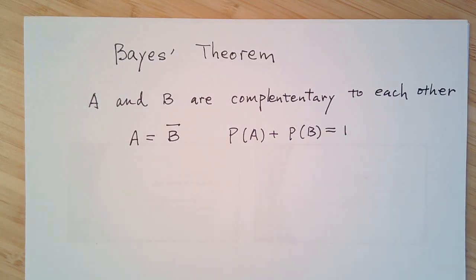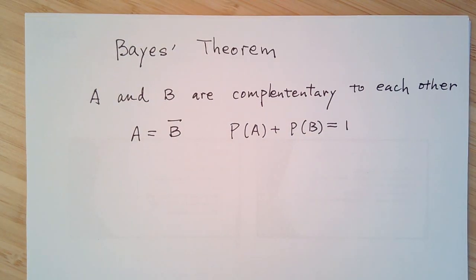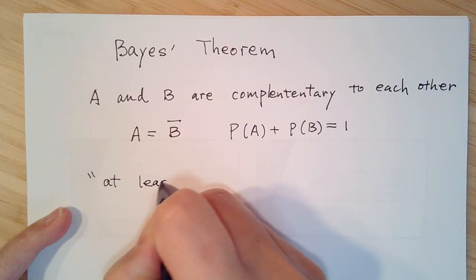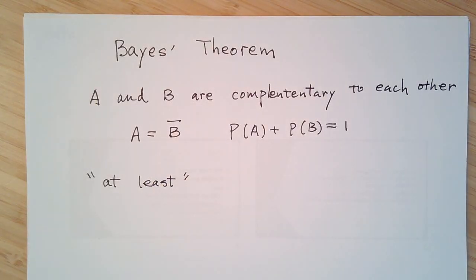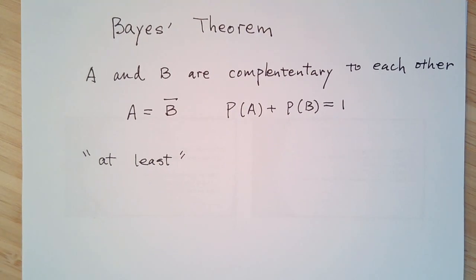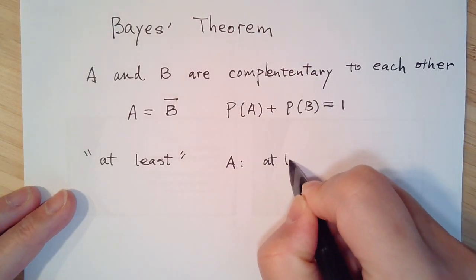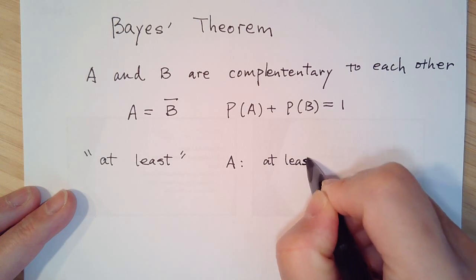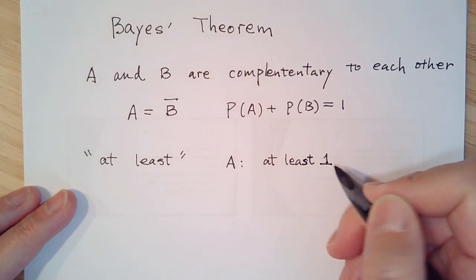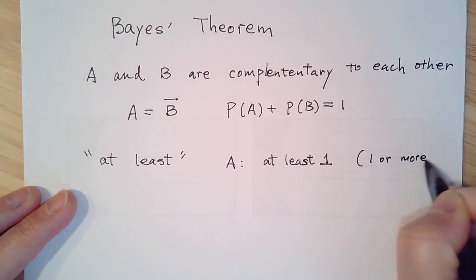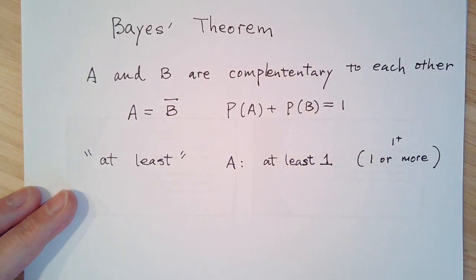Now once we know that, I'm going to talk about something interesting. It's called "at least." If the event A means at least one, which means one or more, or you can use 1 plus to show it, that means at least one happened.